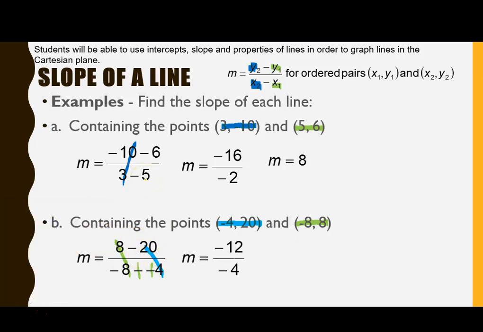So we have negative 12 divided by negative 4, which is 3. So that's our slope of 3. Which means that we would rise 3, run 1, because that's like 3 over 1. Just like here was 8 over 1, we would rise 8 and run 1.